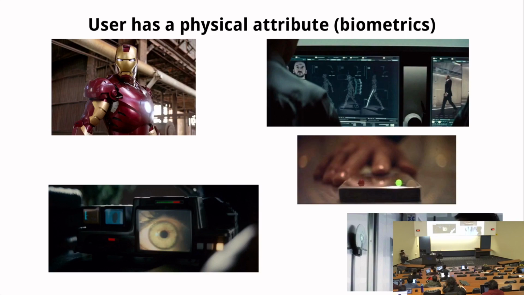We do see a lot of eye authentication or iris authentication or retina authentication in many movies. Minority Report has that. Also this one. This one is actually Blade Runner. This is the original version of Blade Runner. It uses eye authentication to find what is it called? Replicant.